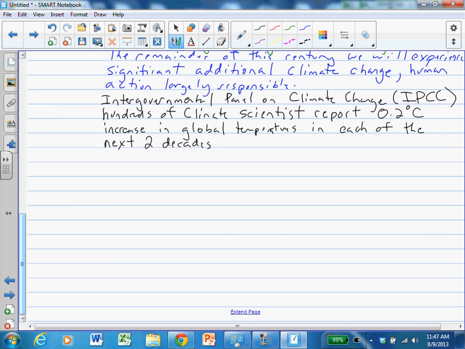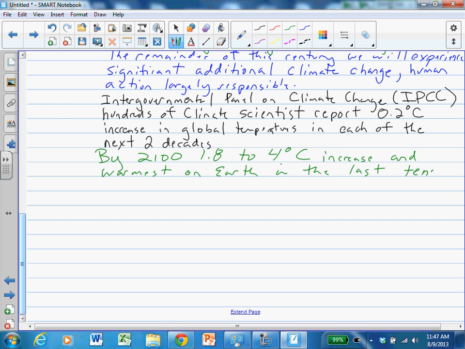By 2100, a 1.8 to 4 degrees C increase, and the warmest on Earth in the last tens of millions of years.